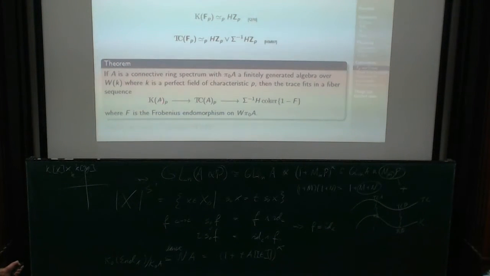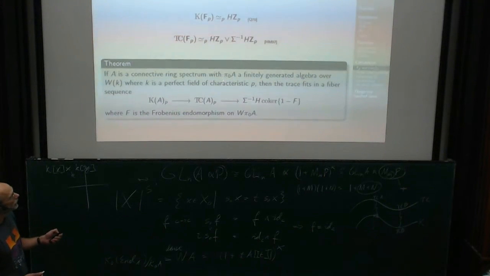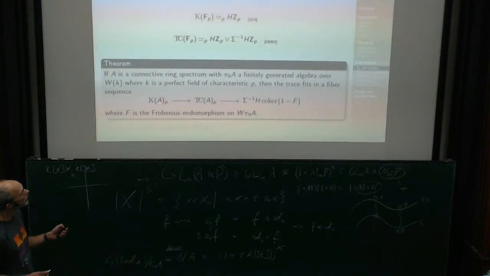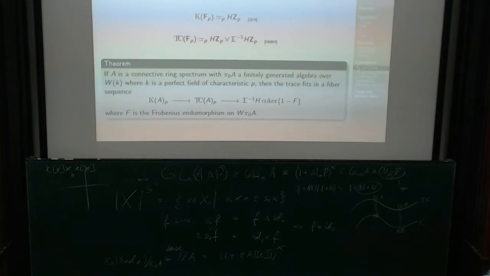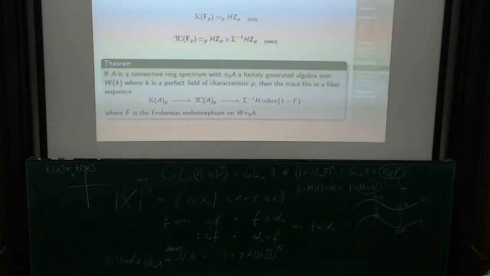And that is the difference between K-theory completed at P and TC completed at P. So for these rings, and we have lots of them, calculating K-theory completed at P is the same thing as calculating TC completed at P. So that is essentially moving from this single ring, and you get all of these connective ring spectra for free.